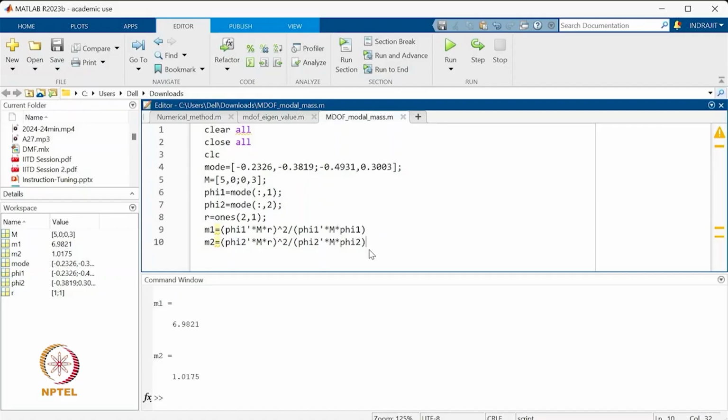Divide by the total mass. We have not done that, so don't worry. If we divide it by the total mass, how much is the total mass? 5 and 3, total is 8. I just divide it normally. Nothing special.